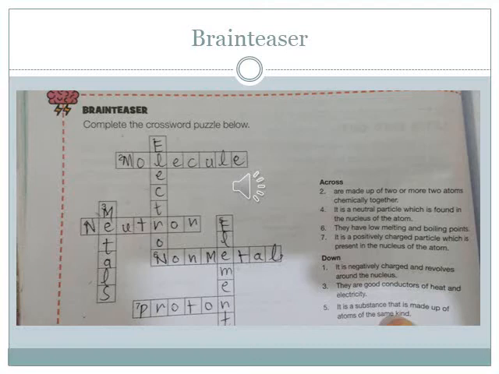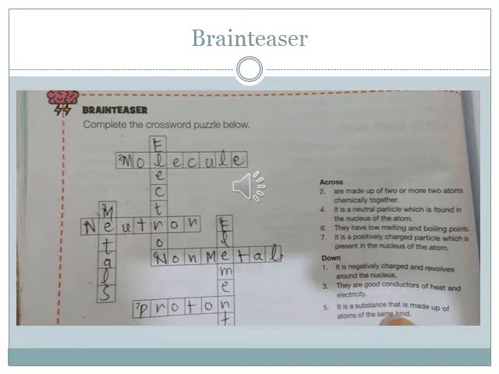Down, number 1, the negatively charged particle around the nucleus is the electron. Number 2, made up of 2 or more atoms chemically joined together, molecules. Number 3, they are good conductors of heat and electricity, metals. Number 4, it is a neutral particle which is found in the nucleus of an atom, neutron.